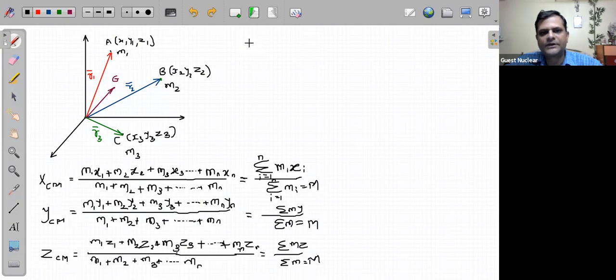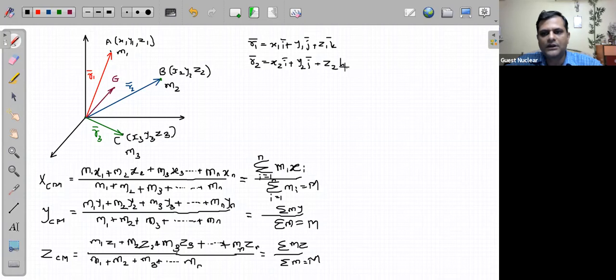The position vector of the first particle, that is R1 bar, can be expressed as X1 I bar plus Y1 J bar plus Z1 into K bar, correct? So this is the position vector of the first particle, that is particle A, whose mass is M1. And for the second particle, its position vector can be expressed in terms of X, Y, Z as X2 into I bar plus Y2 into J bar plus Z2 into K bar.